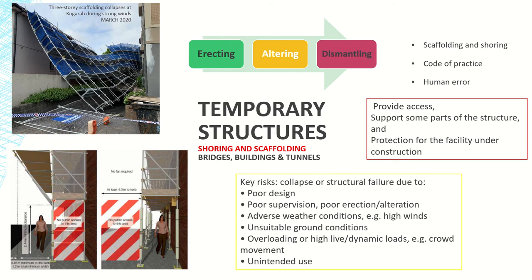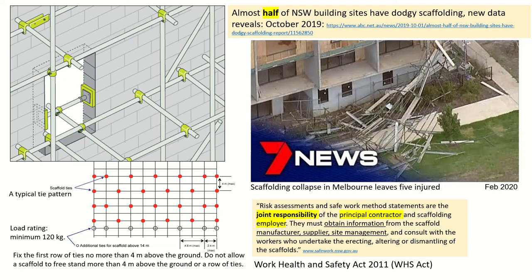Most of us experience walking around temporary structures, but we always think it should be safe. But the data shows that it's not always safe. There is an article you can find in the top link here, and the article shows that almost half of NSW building sites have unreliable scaffolding.